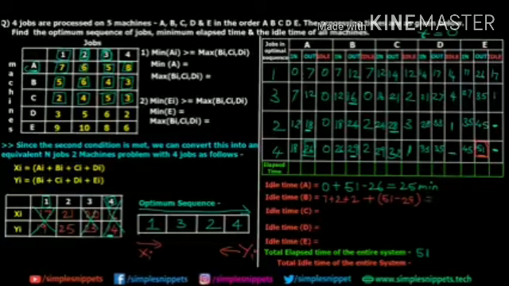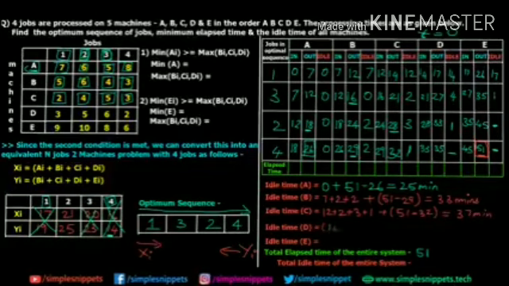So this will give us 33 minutes. Similarly for C I will calculate 12 plus 2 plus 3 plus 1 plus 51 minus 32. This will give me 37. Similarly for D it will be 14 plus 4 plus 1 plus 51 minus 35, which is going to be 35 minutes. And for machine E it is going to be 17 plus 1, which is going to be 18 minutes.